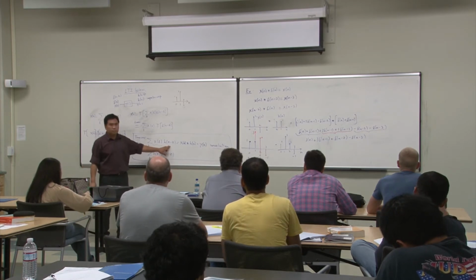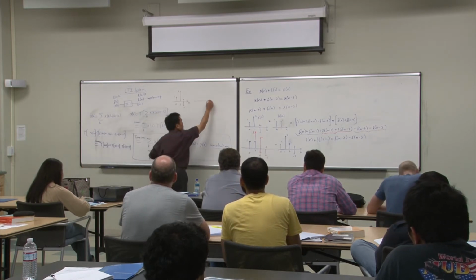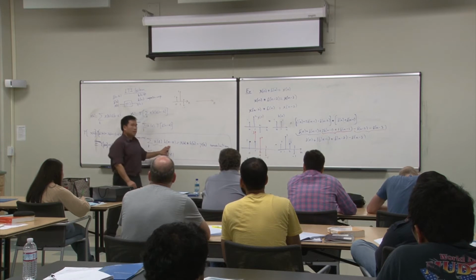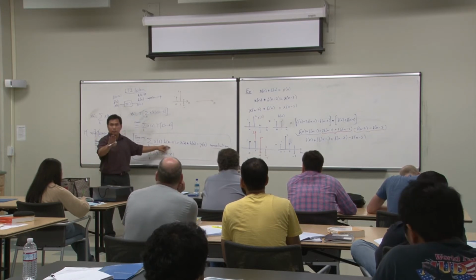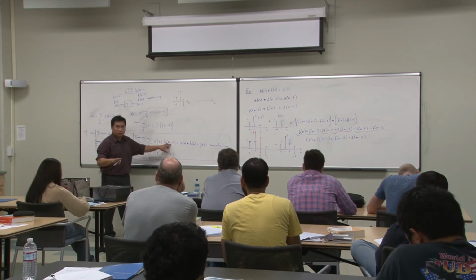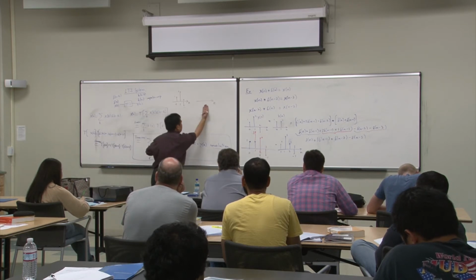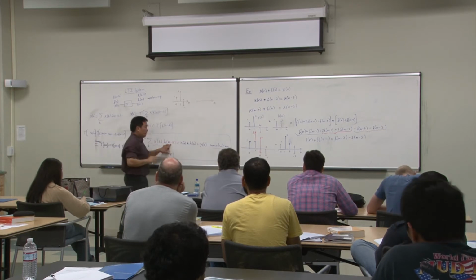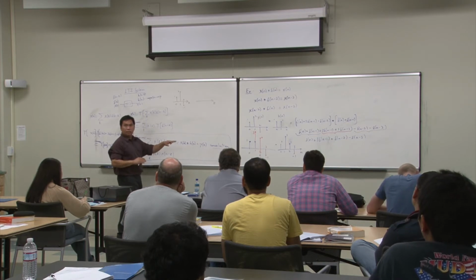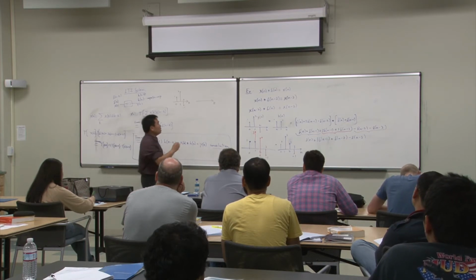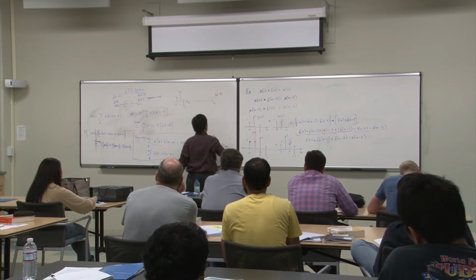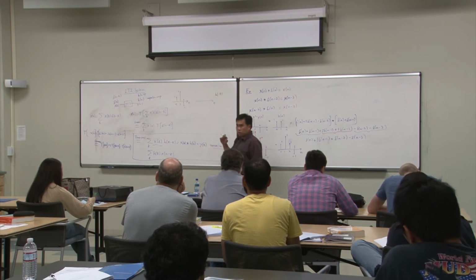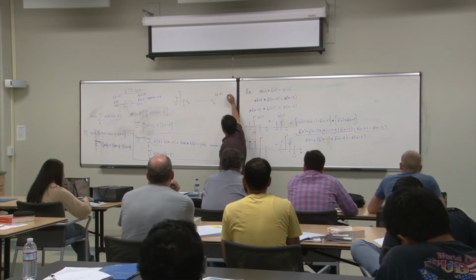I'll take the second sequence and flip it, so it's minus k, flipping it this way, and then shift it by n. So here is h of minus k, with no shift. This is when n equals 0.